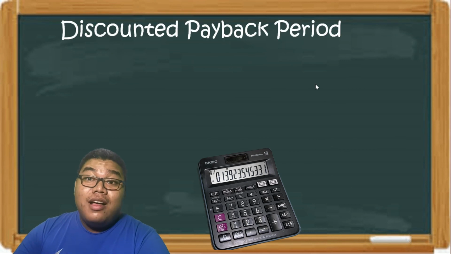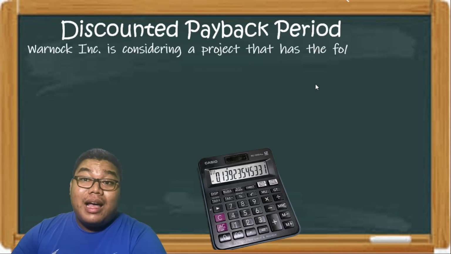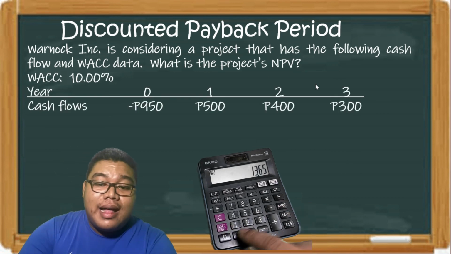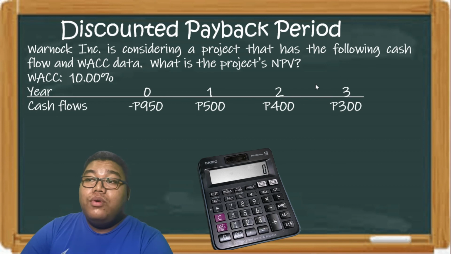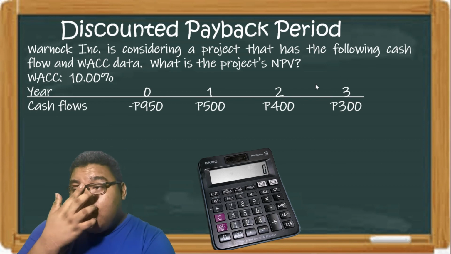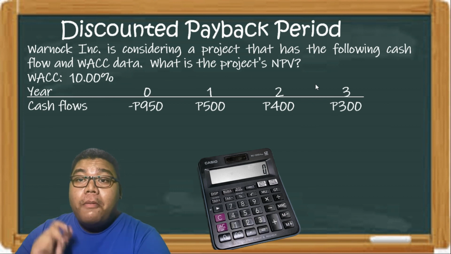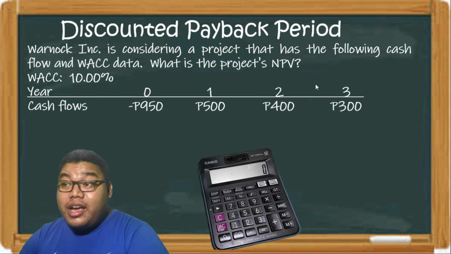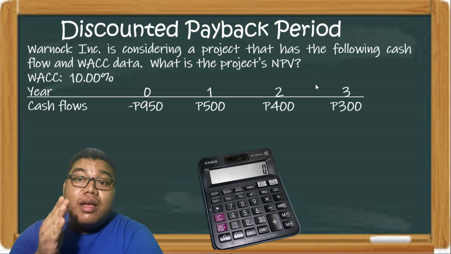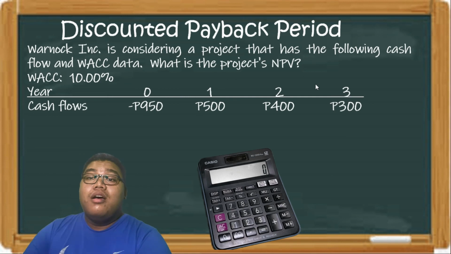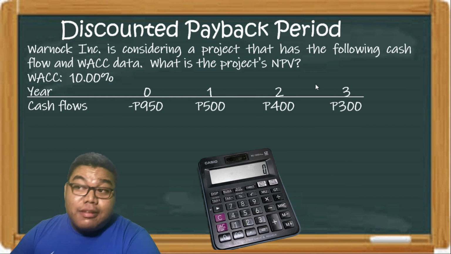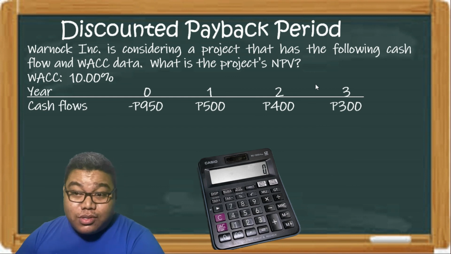Next, we would have the discounted payback period. So using the same information that we had, we would compute the discounted payback. In here, you will consider the present value of inflows per year, and you would deduct them from the initial investment, and you would determine how long it would take for you to actually recover the initial investment at the present value amounts.